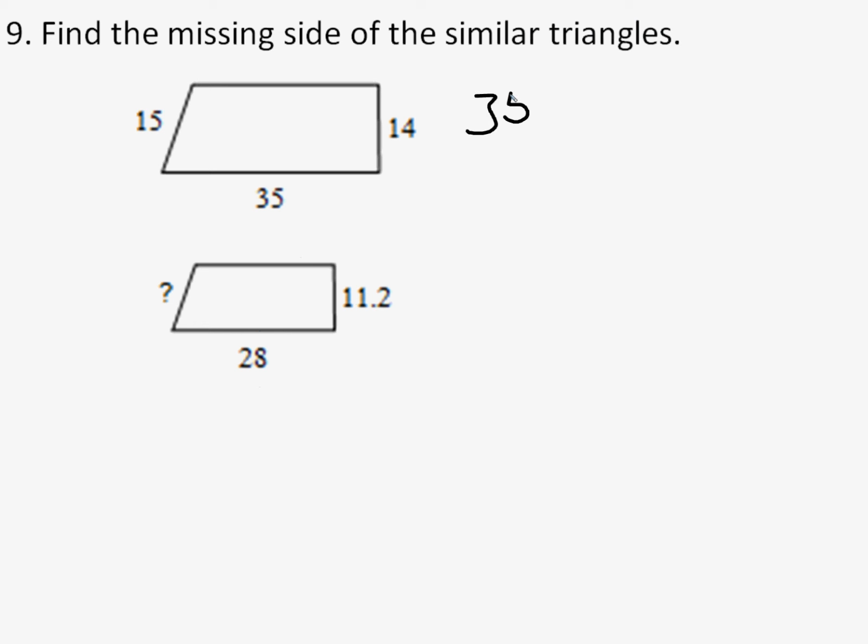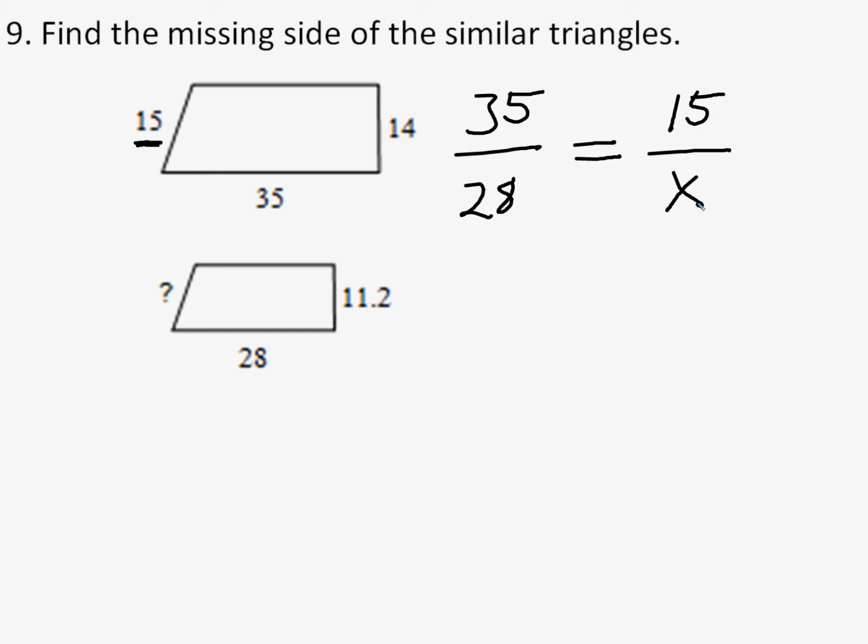So we know 35 over 28, that's going to be the ratio of the sides. We could reduce that if we wanted to, and we will in a minute. And we know 35 over 28 is going to be equal to this side, 15, over a question mark. I'll put an x there.